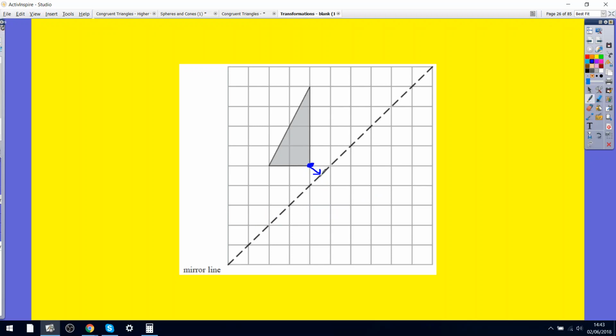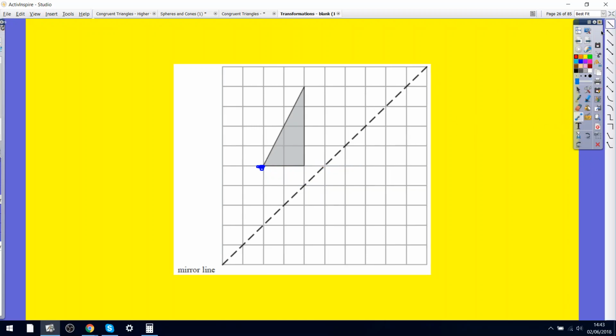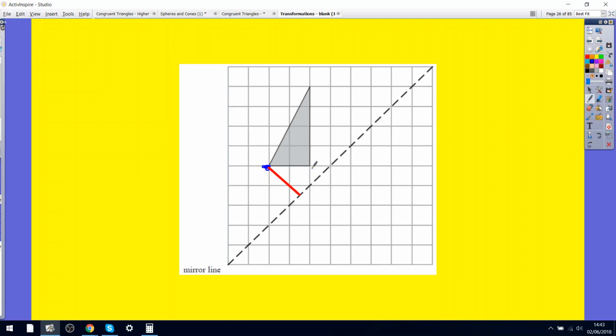So how many diagonal squares is it away? Let's say this one. How many diagonals away is that? Yeah, and so what would you do? So this one is a half away, and so you do another half there. So that one's 1.5 away.